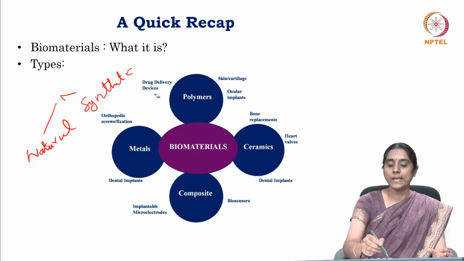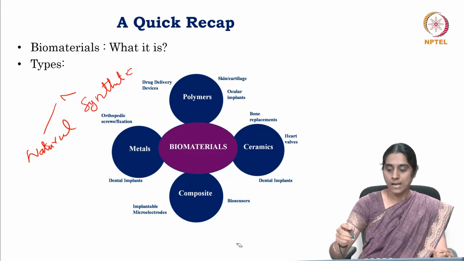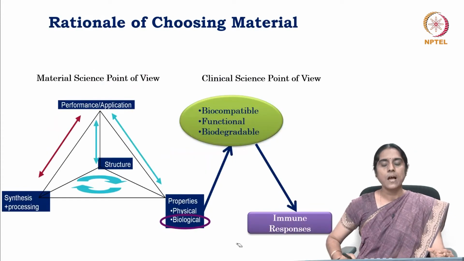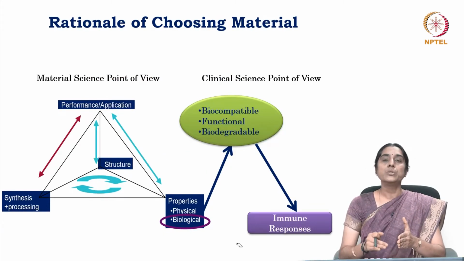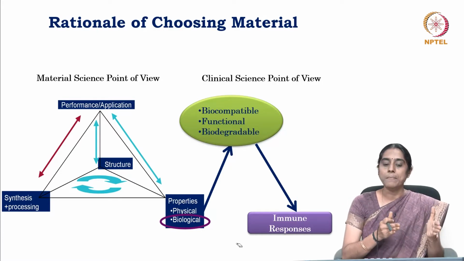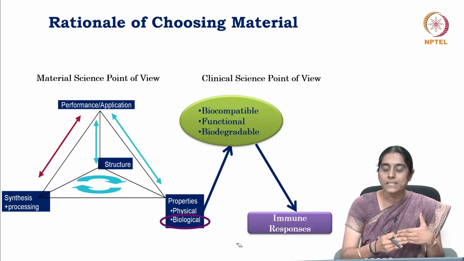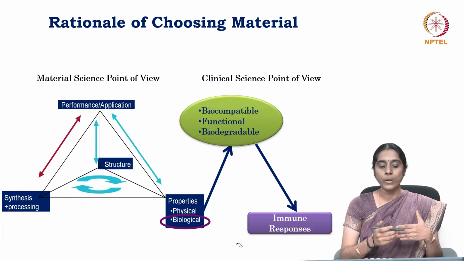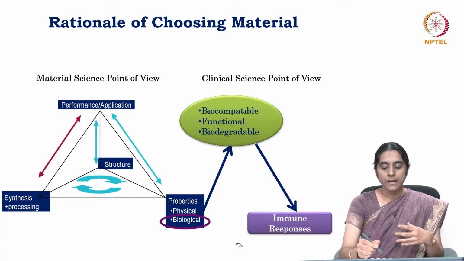Here you can see the different applications of these biomaterials in general, but let's not go into this. What is the rationale for choosing a material for a particular application? When you talk to a material scientist, their perspective of choosing a material will be based on the composition and structure.